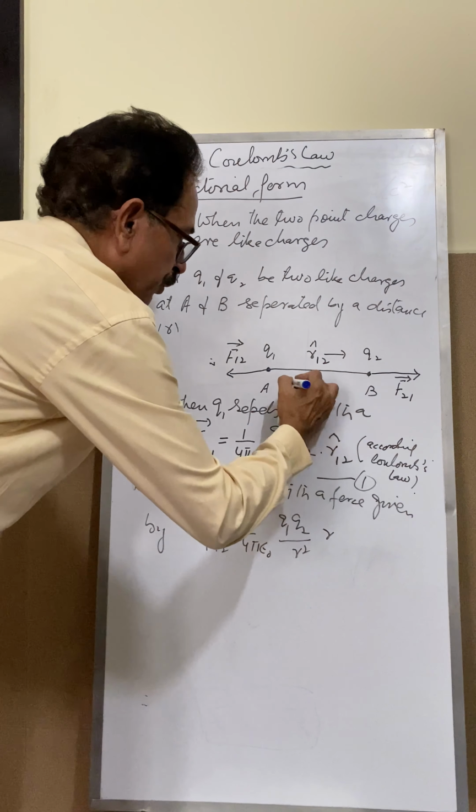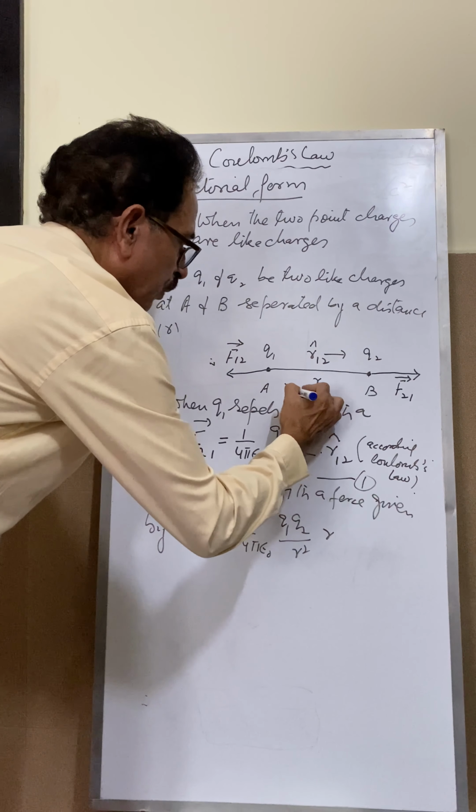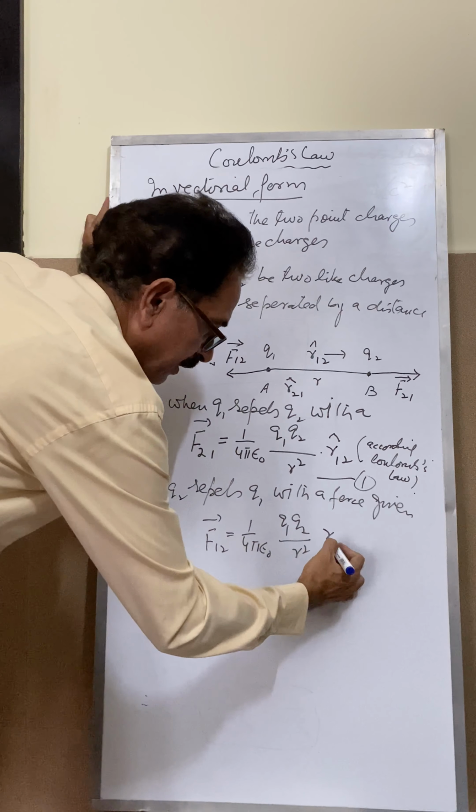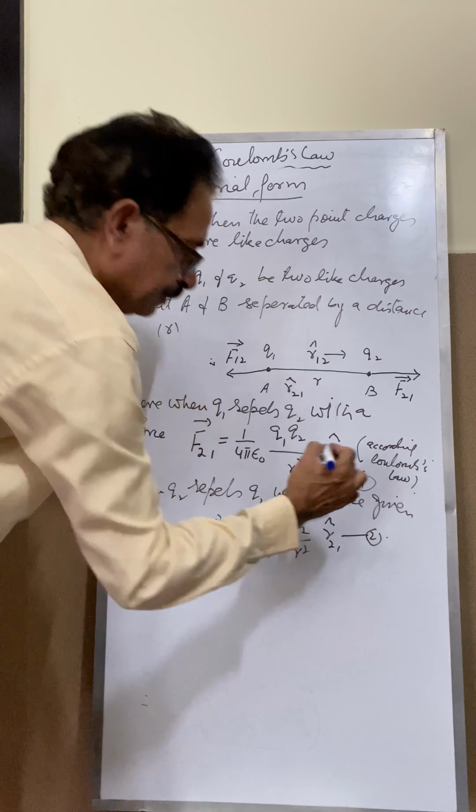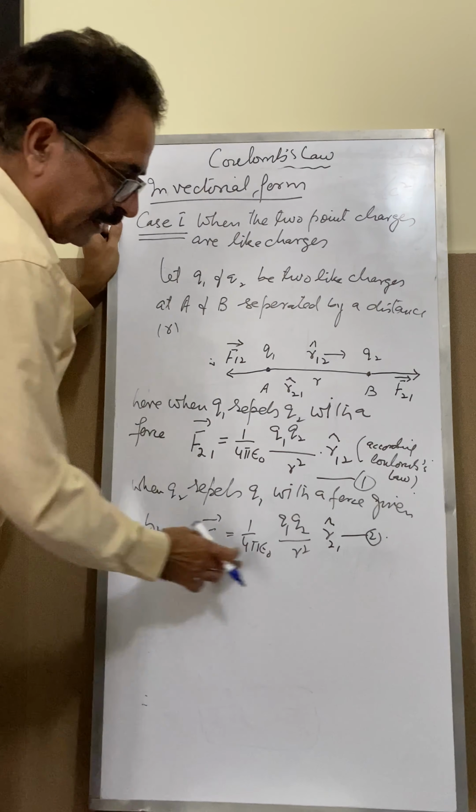Here the direction is shown by R21 cap. It is a unit vector, R21 cap. Call it second. This is again by Coulomb's law.